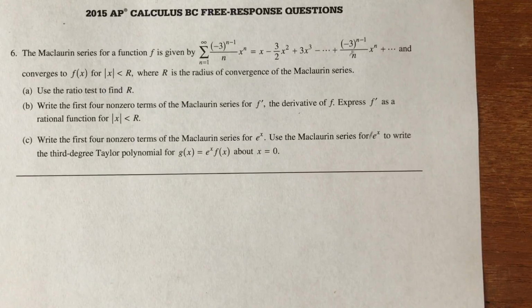So part B asks you to write the first 4 non-zero terms of the Maclaurin series for f prime, which is the derivative of f, and they want you to express f prime as a rational function for when the absolute value of x is less than the radius of convergence.